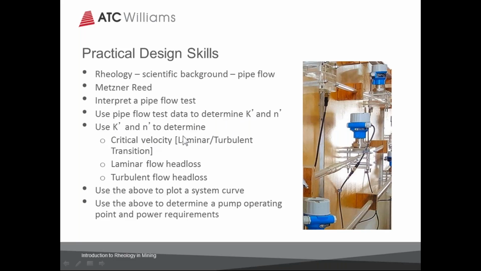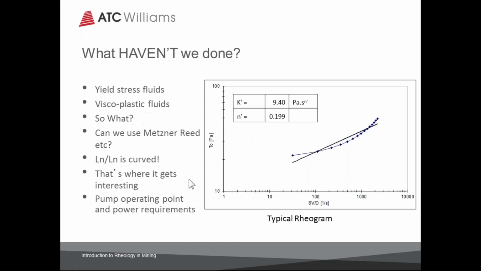In other words, where does the flow change from laminar to turbulent in a given pipeline? What would the laminar flow head loss be? What would the turbulent flow head loss be? And then we could use that to plot a system curve, which is a very important part of the design process. And then we could determine the pump operating point and get the power requirements for that material.